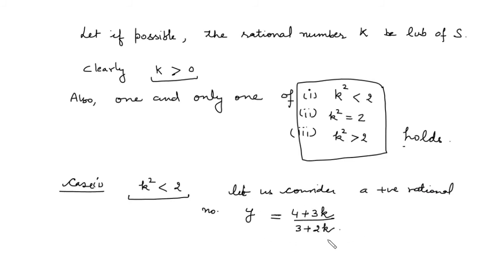So we consider this positive rational number. Now just see whether we get a contradiction or not. Can I move to the next slide?